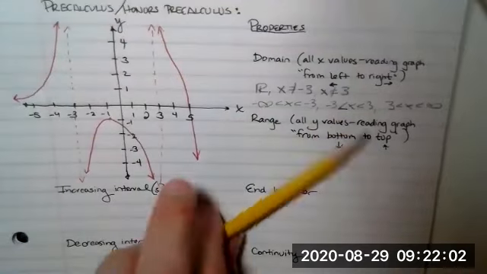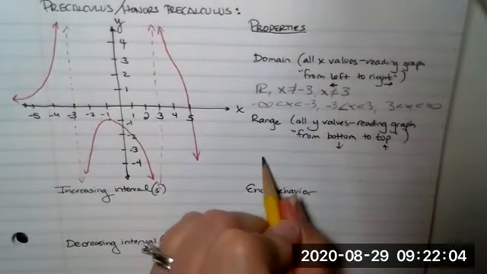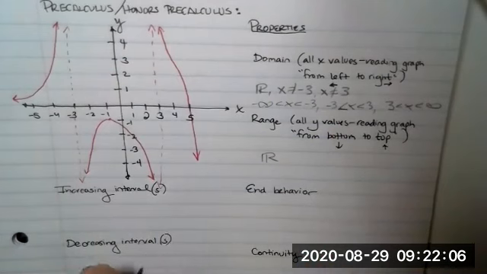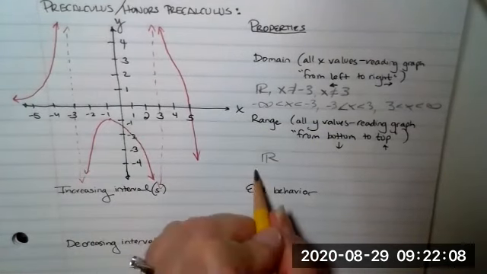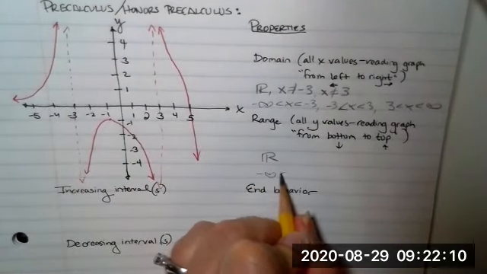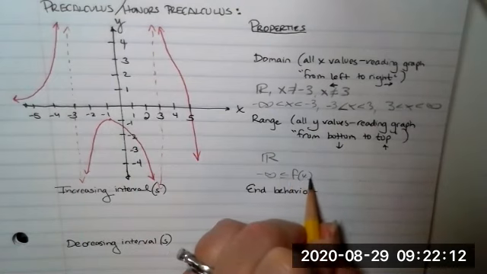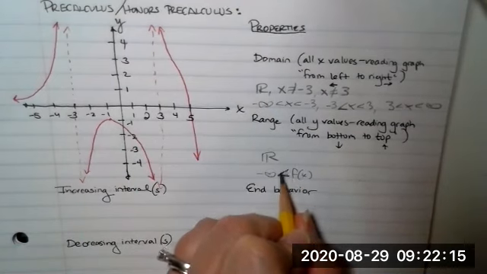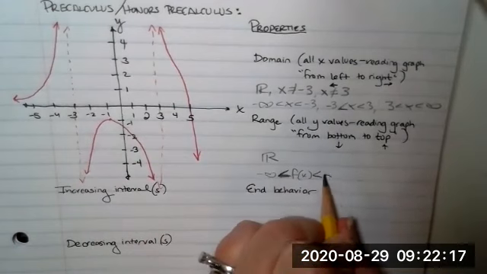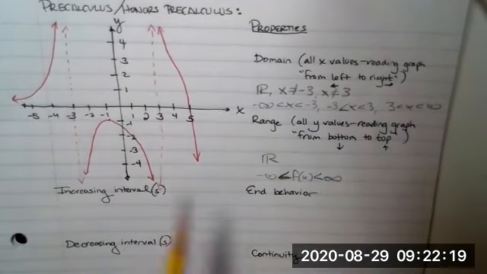So we actually don't have any y values that are excluded from the function. So we're going to write all real numbers, or we could write -infinity is less than f of x, sorry, not less than or equal to, less than infinity. So you can write it either way.